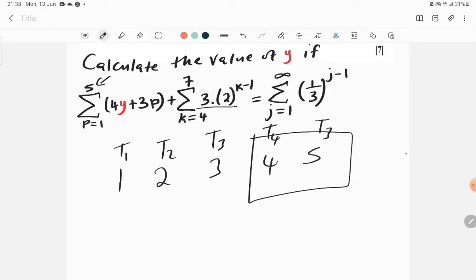Now if you are interested in adding only the fourth and fifth terms, then these other terms will be omitted from the sum, because you are adding from T4 to T5. You're not going to say this is T1, because that would mean adding the first and the second one. This is the fourth term from the complete sequence or series that was given.